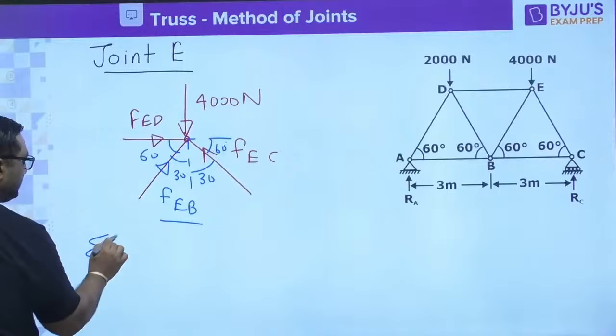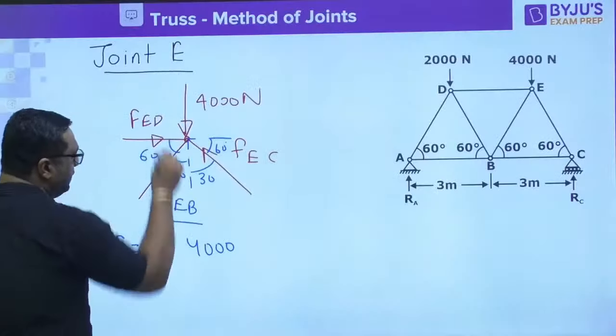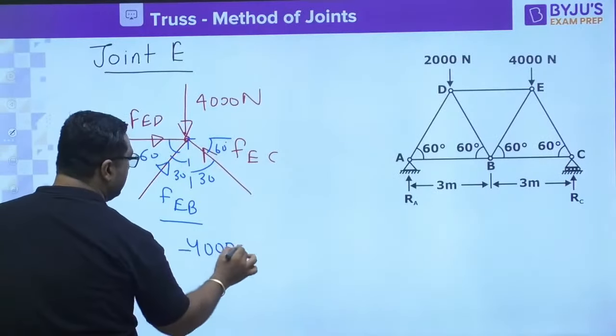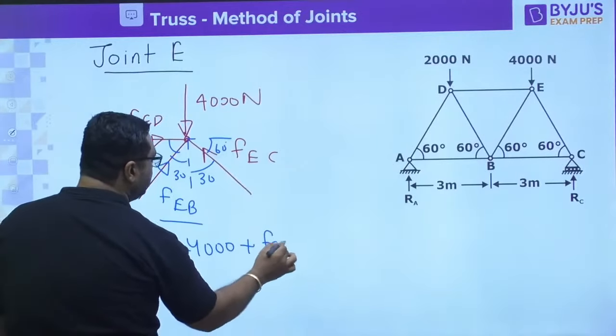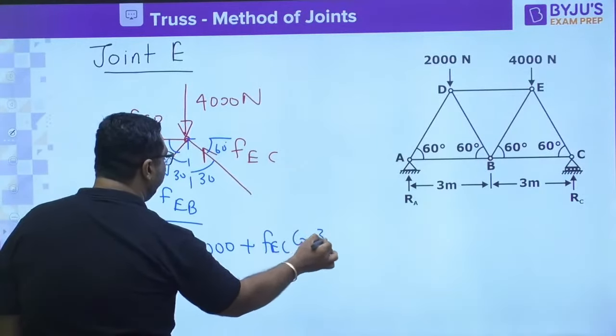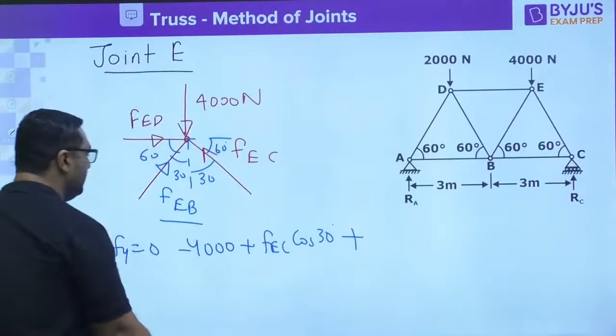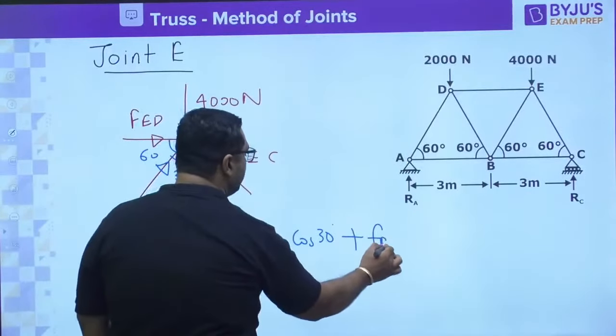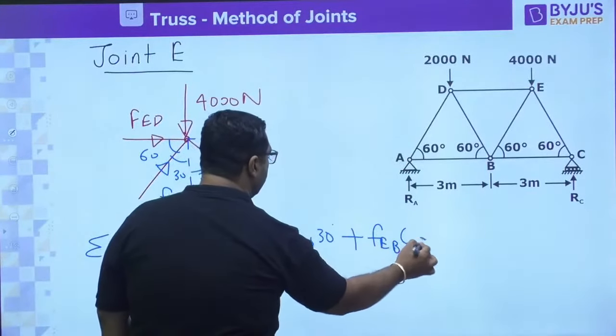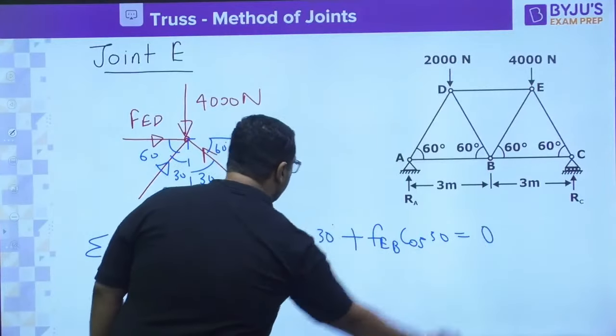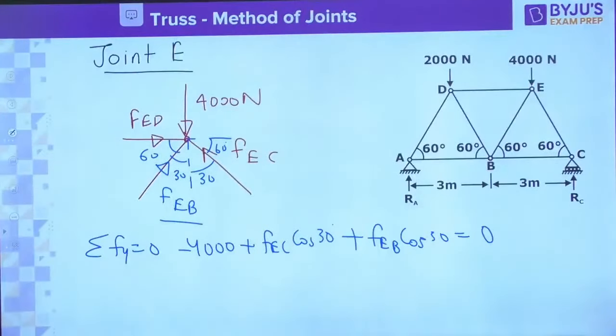you will be writing 4000 downward. Then it is minus 4000 plus FEC cos 30 plus FEB cos 30 is equals to 0. One equation. FEC is known to you. Put the value, get the answer. Second is horizontal.